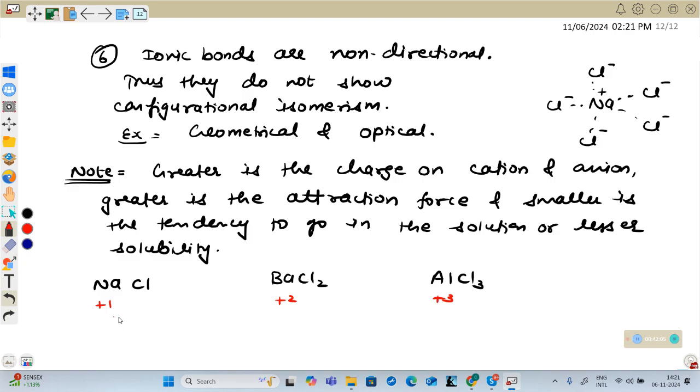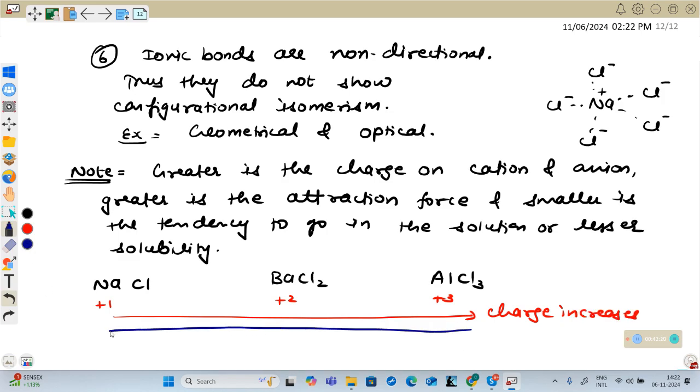So charge is increases in this direction, and solubility increases in this direction. You got it? More the charge, more will be the attraction force between the ions, so less chance for solubility. Got it?